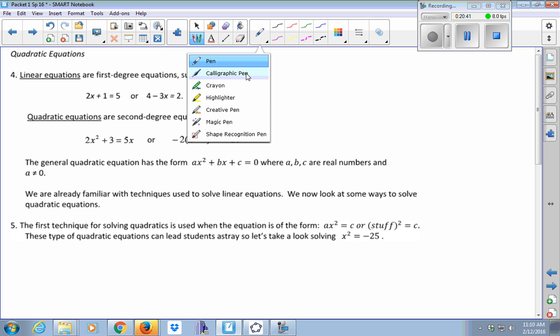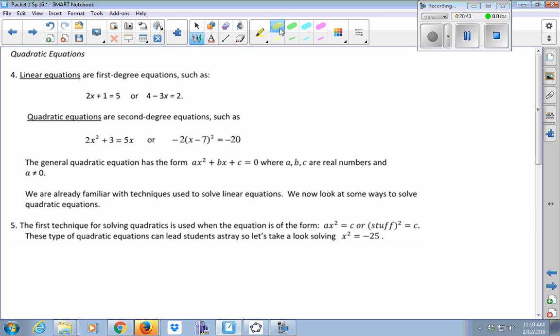Thank you very much. Okay, so this term right here, first degree, and then this term, second degree, could be new to some of you. Both linear and quadratic equations come under polynomial equations. That's a big umbrella name for classification. These are special polynomials, linear and quadratic.